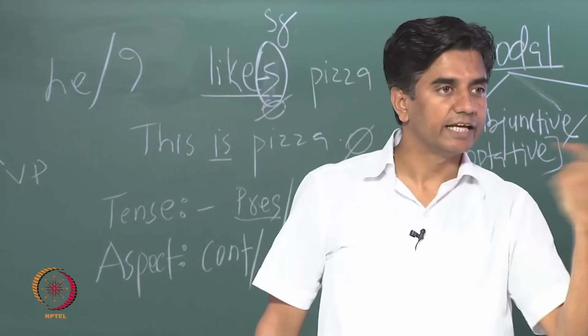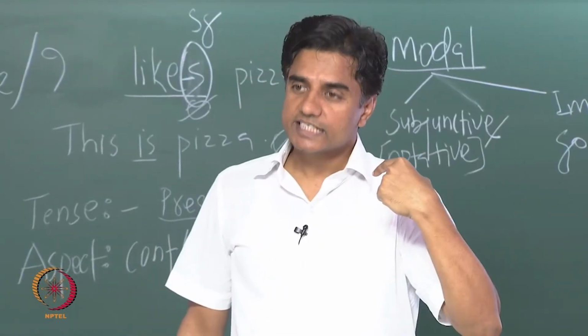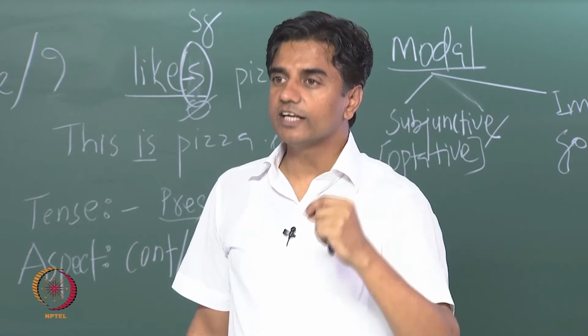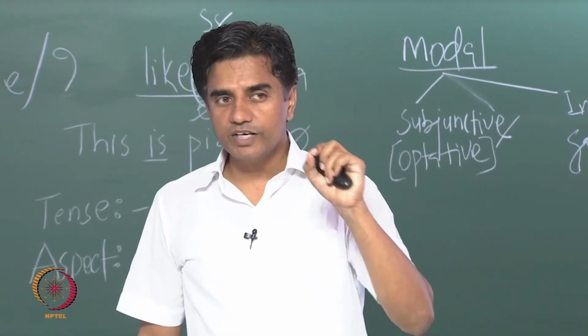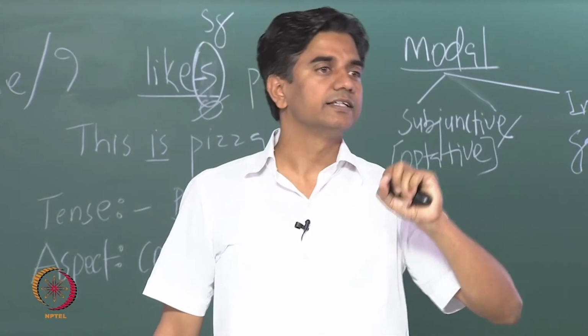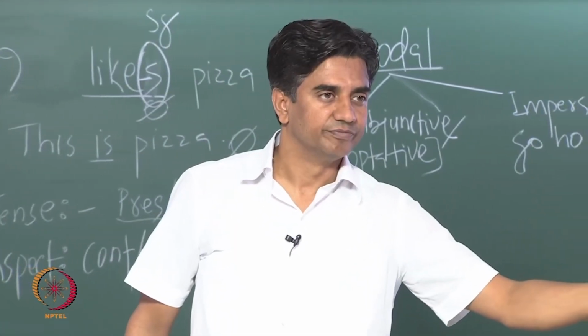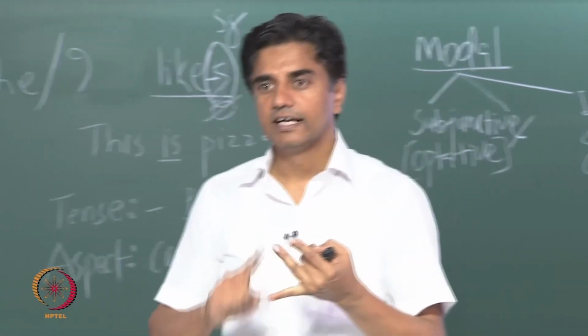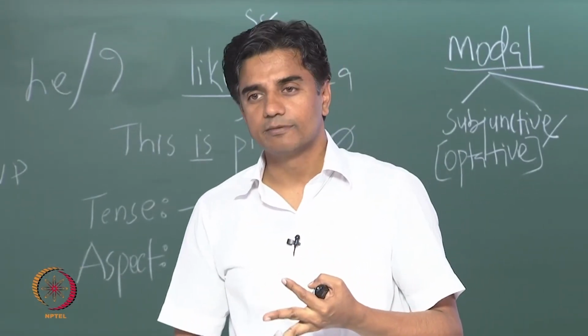That moment of time is shared between speaker and listener, but it's talking about continuation of something at some moment in the past. Therefore, I am eating pizza is present and I was eating pizza is past.